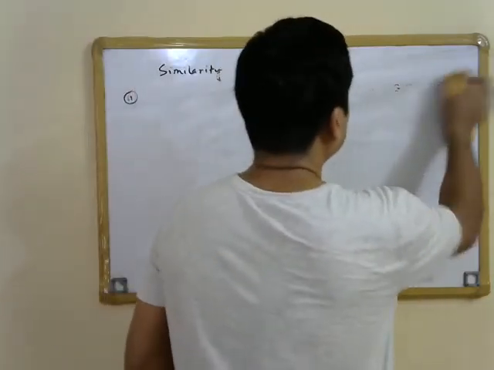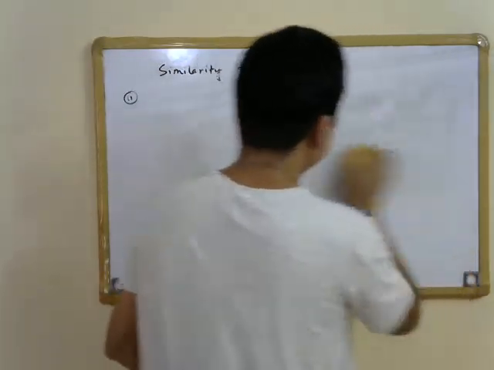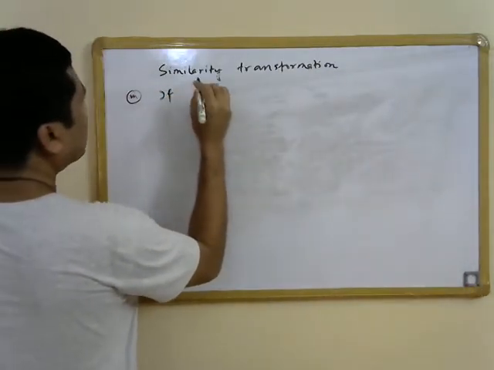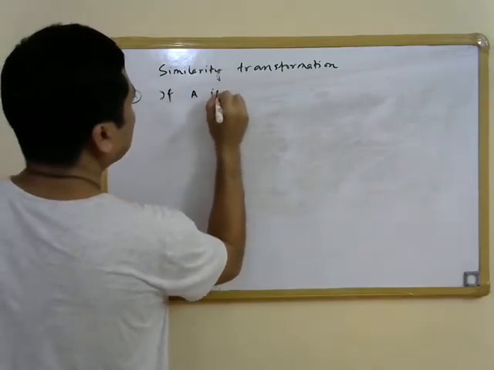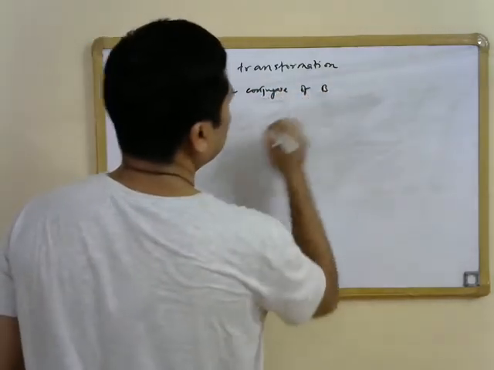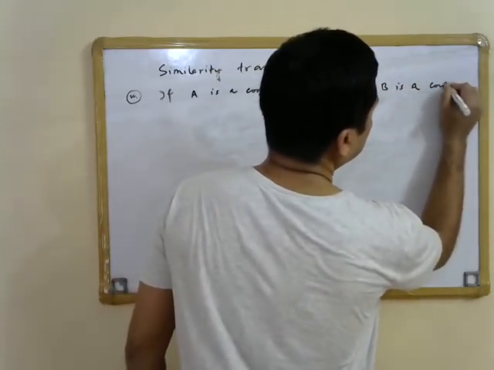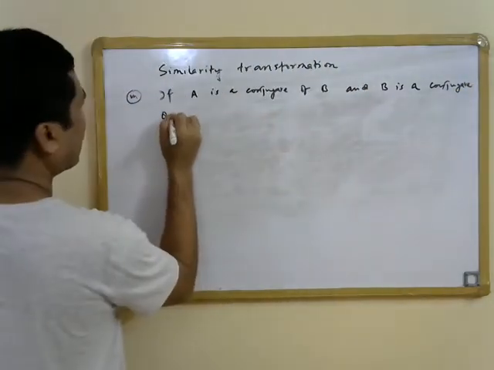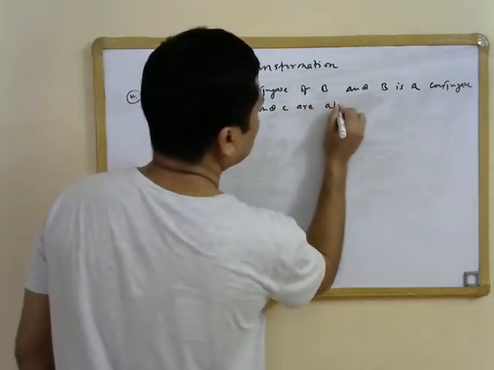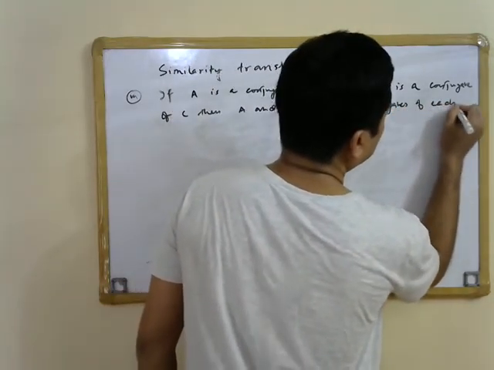So then the third relation of conjugates between conjugate elements of a mathematical group is that if A is a conjugate of B and B is a conjugate of C, then A and C are also conjugates of each other.